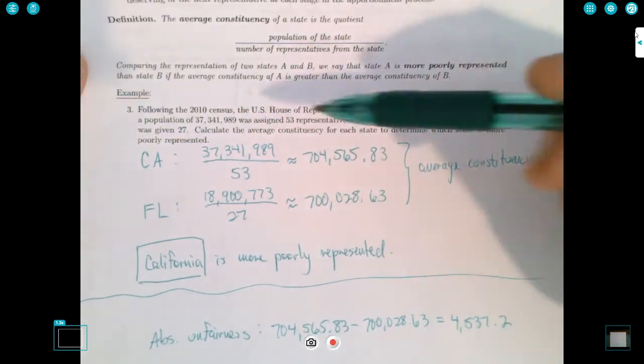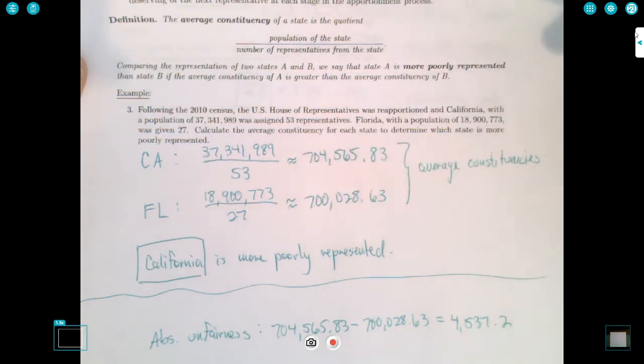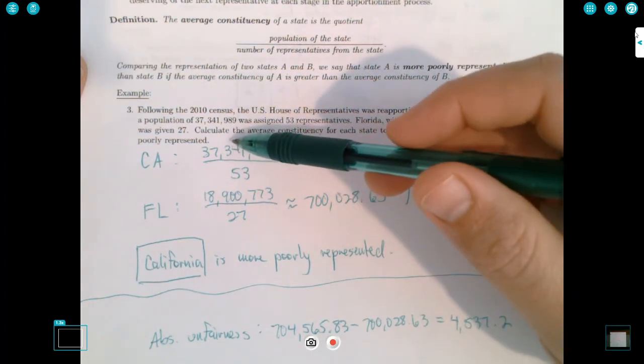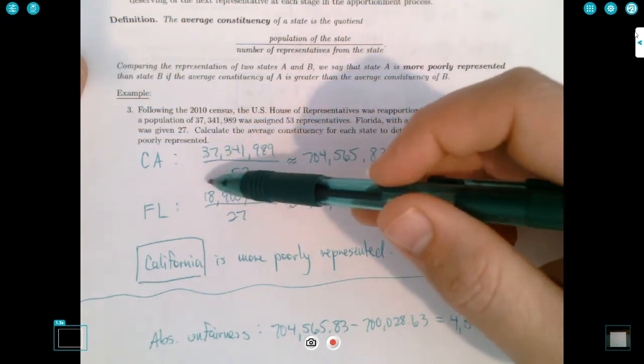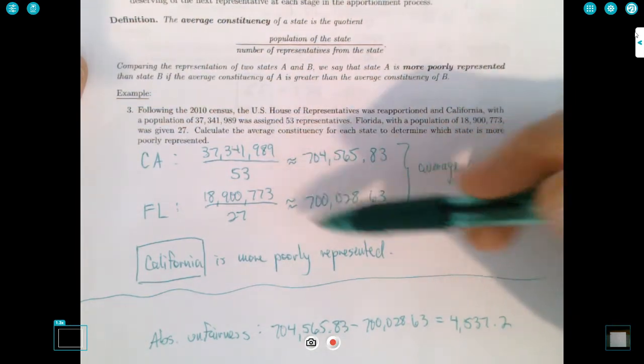Why? Because here you're dealing with populations that are so much bigger. 4,500 in comparison with the 37 million and the 18 million that we were starting with is actually not that much.